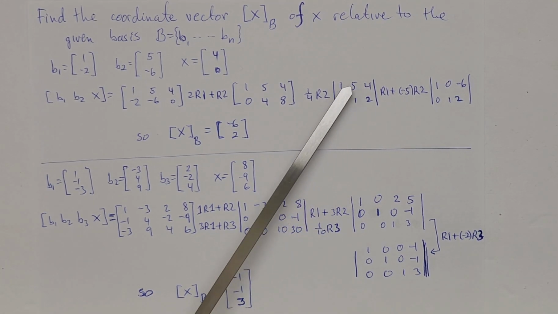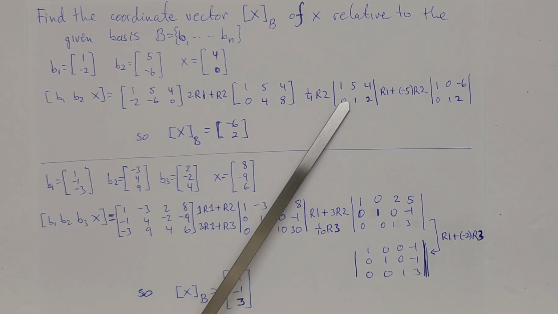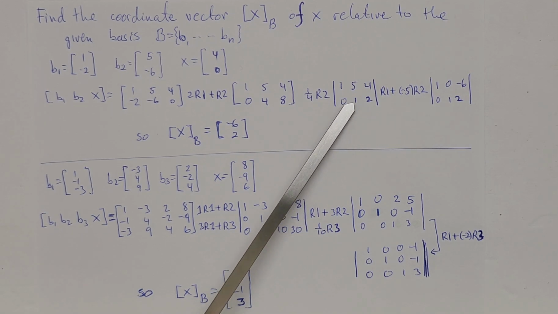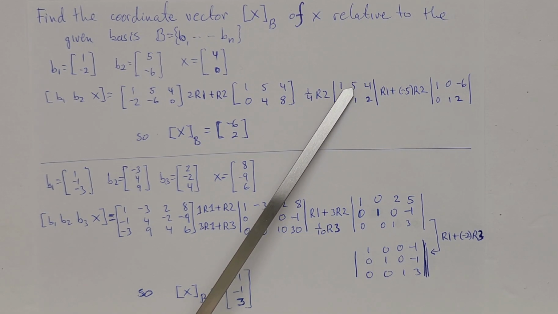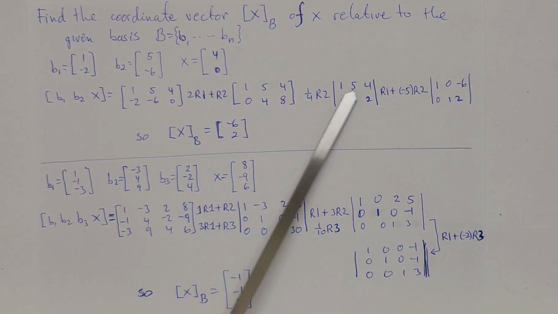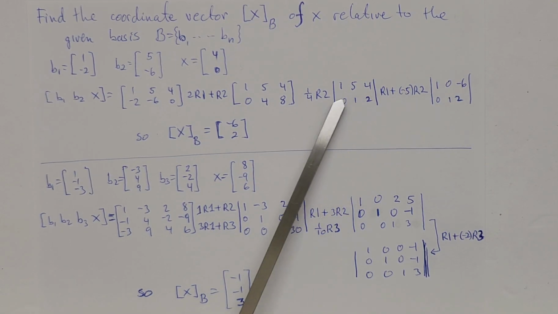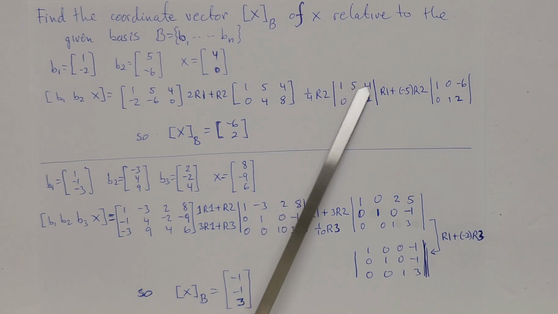Next, we need this 5 to be a 0, because we have a 1 in the pivot position. So do the opposite of 5, which is -5: -5 times row 2 plus row 1.